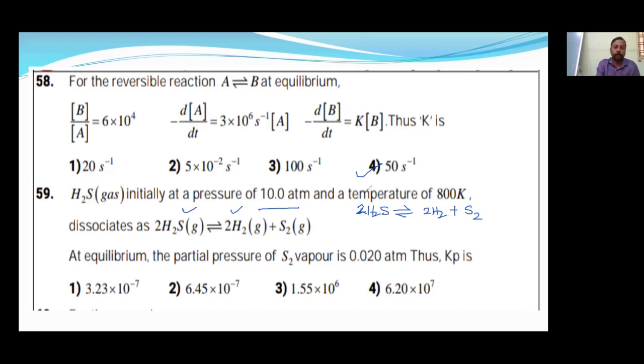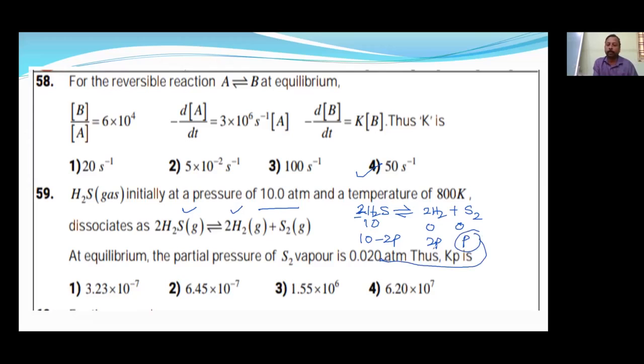Then it will be 10 atm initially, 0 and 0. Let us take 10 minus 2p. Why am I taking 2p? Because of this, here it will be 2p and here it will be p. And already we know the p value is equal to 0.02.